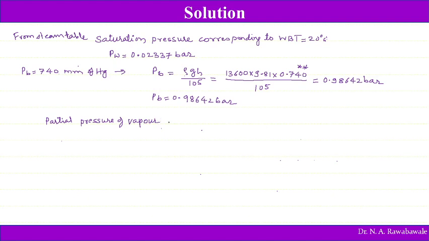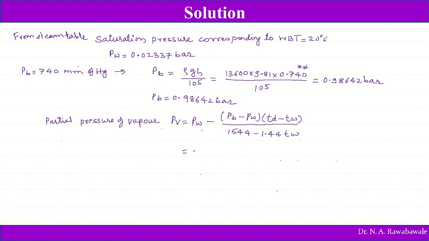PV is equal to PW minus (PB minus PW) into (TD minus TW) divided by (1544 minus 1.44 TW).